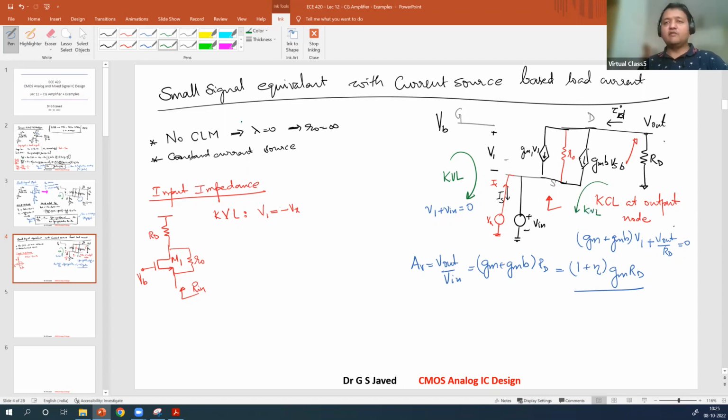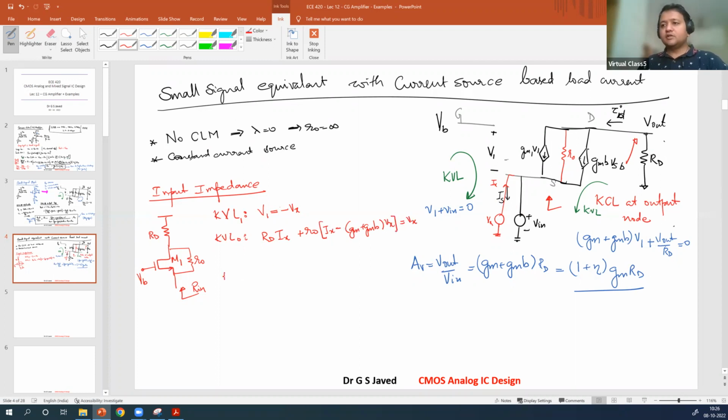When you are applying KVL, KVL in the inside loop, KVL in the outside loop, you get RD times Ix, the total current, plus R0 times Ix minus (gm plus gmb) times Vx is equal to the final value Vx.